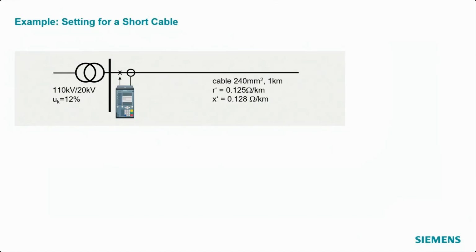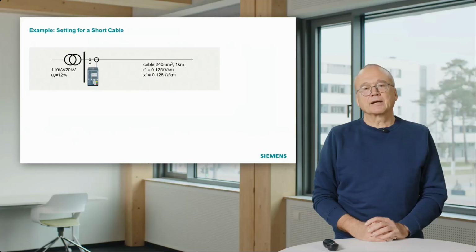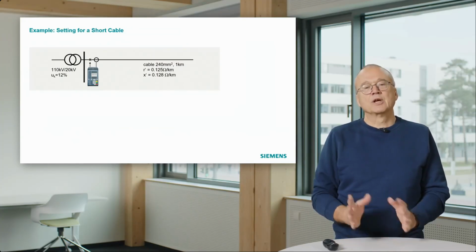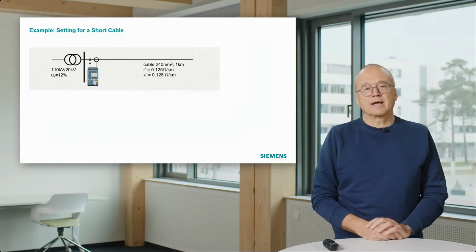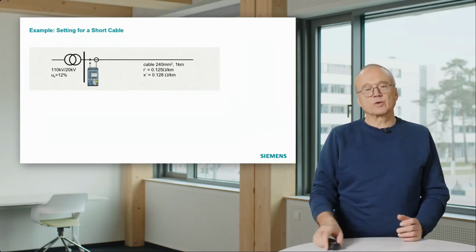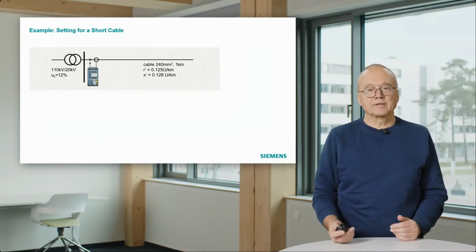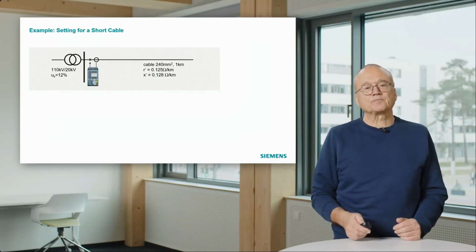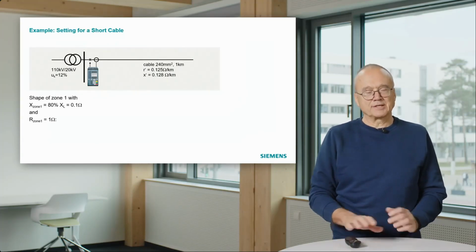You see the resistance and the reactance have nearly the same quantity, and that means the line angle in this case is around 45 degrees, not as the 80 or 85 degrees we, for instance, find in overhead lines in transmission systems.